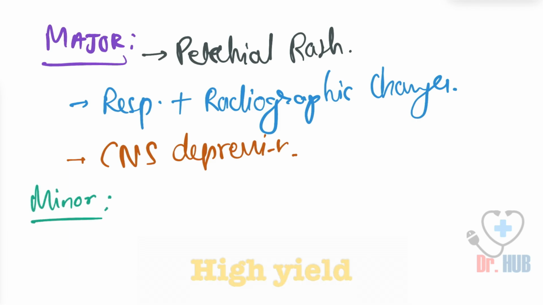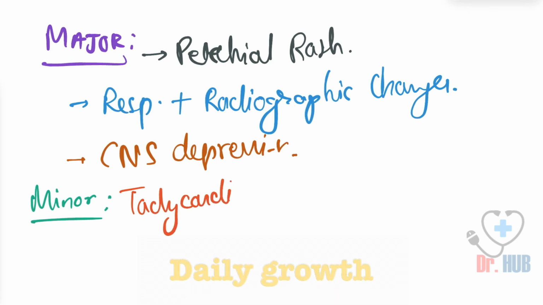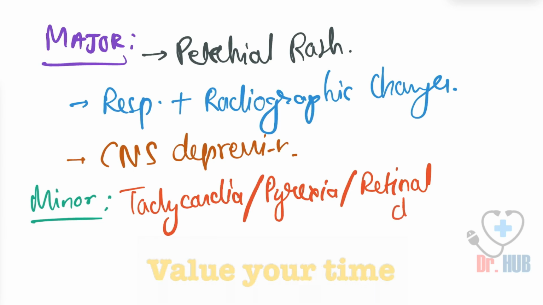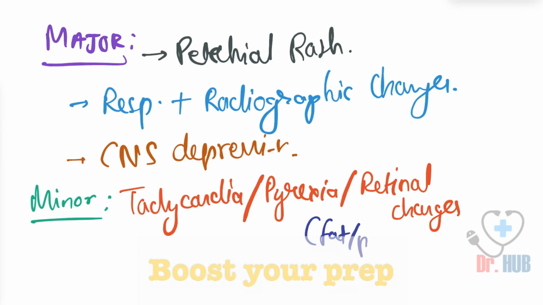Under minor, it includes tachycardia, then pyrexia, next retinal changes, which is nothing but the fat or petechiae.